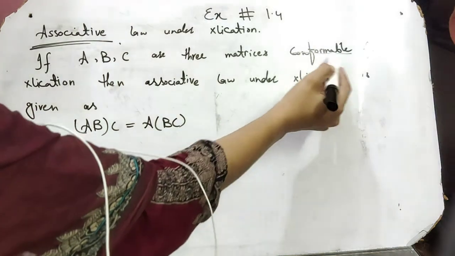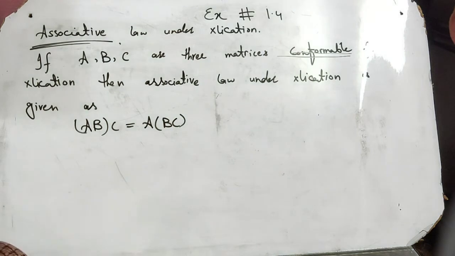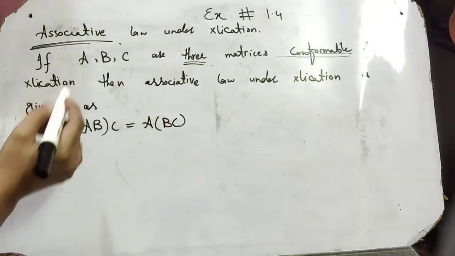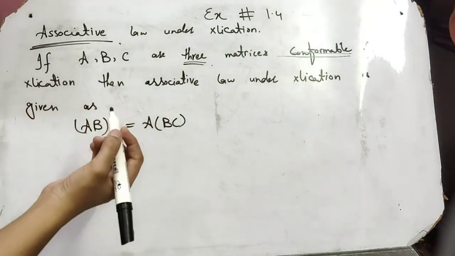What is conformable? Conformable means it can be multiplied. There are three matrices, so they can easily multiply with each other.